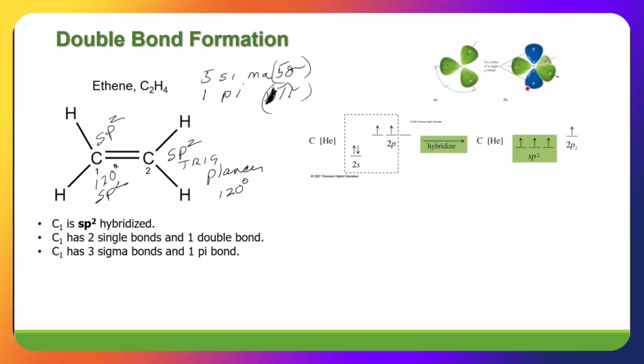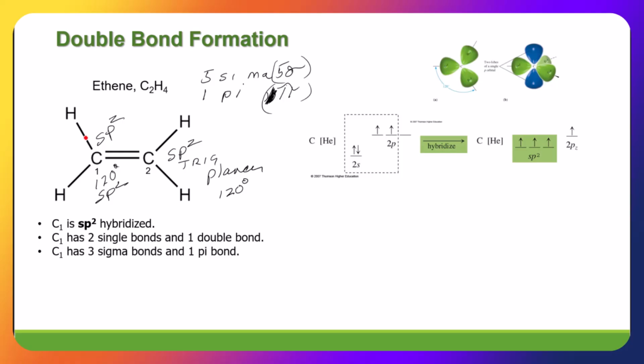And here you go. You've got your sp2 hybridized orbitals, and then you have this p orbital sticking above it where you have your double bond.